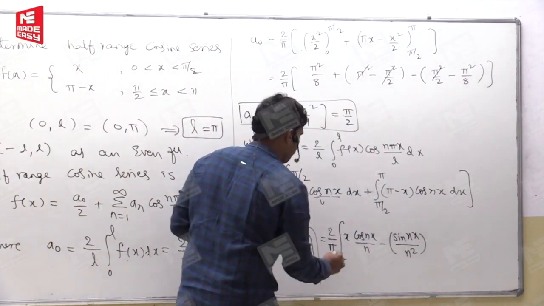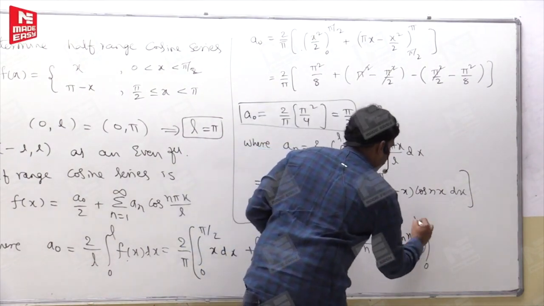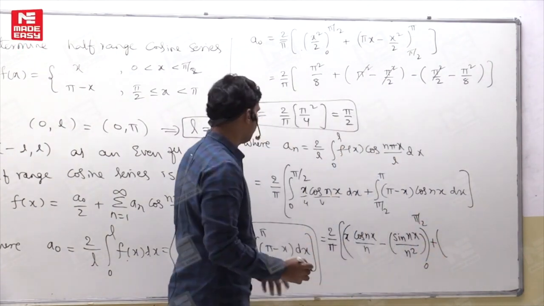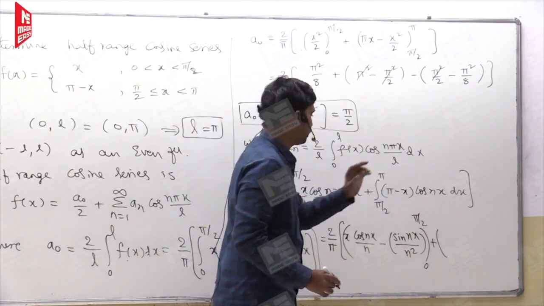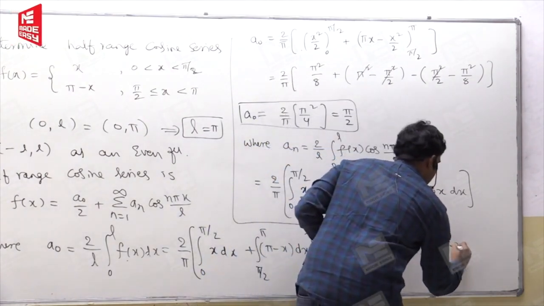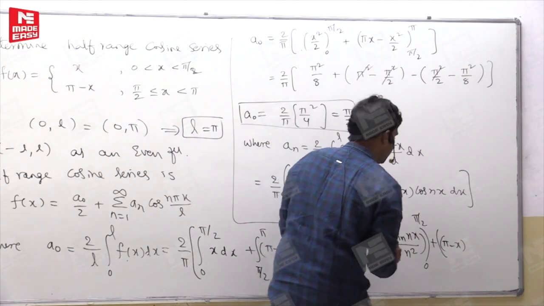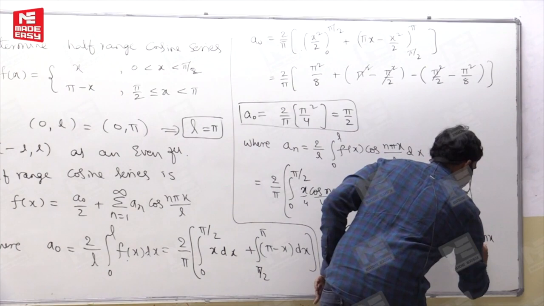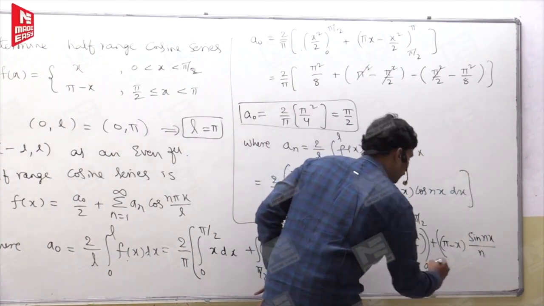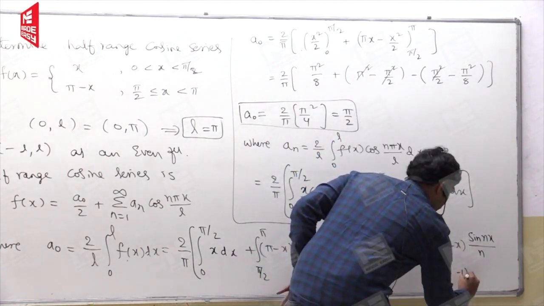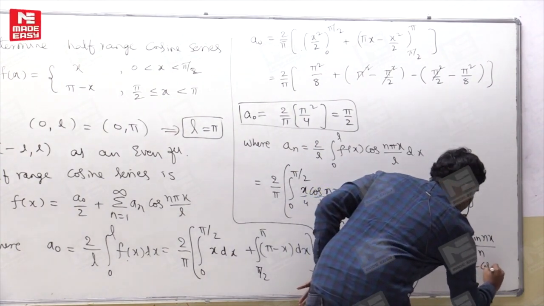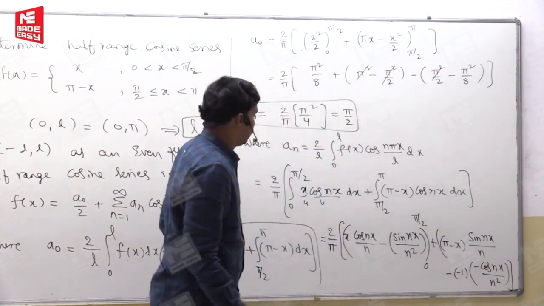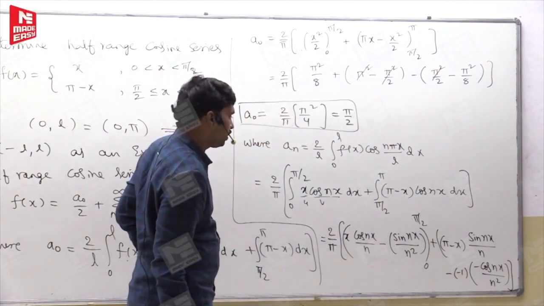So this is for 0 to pi by 2, plus, now the integration of this one here, pi minus x into sine nx by n, then minus, and this differentiation is minus 1, and integration is minus cos nx by n square.